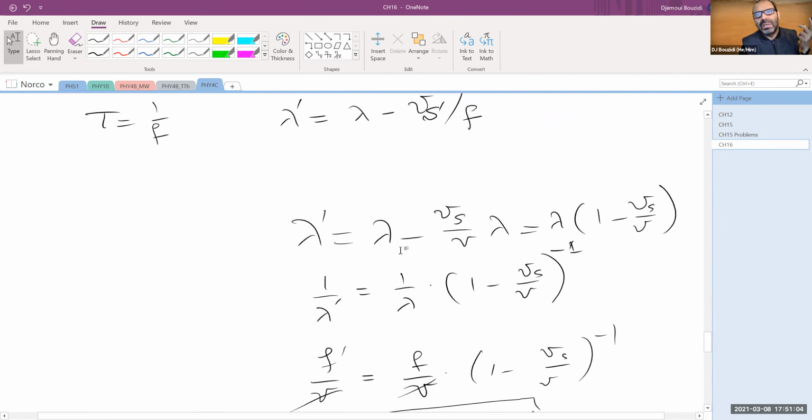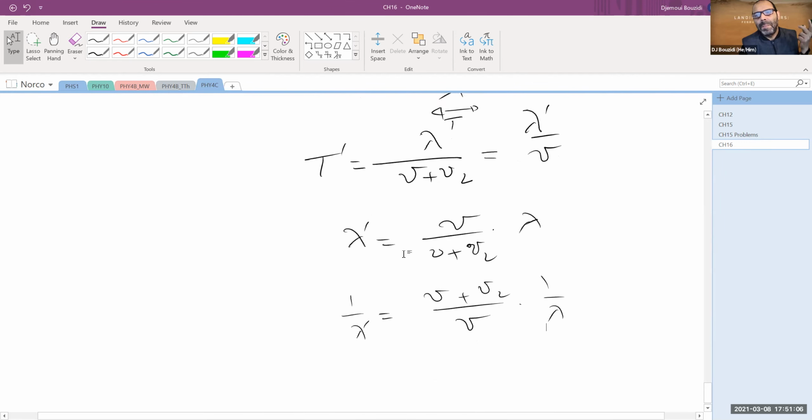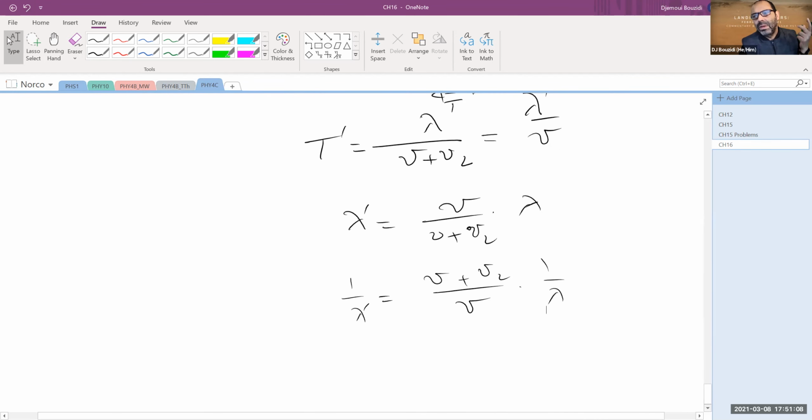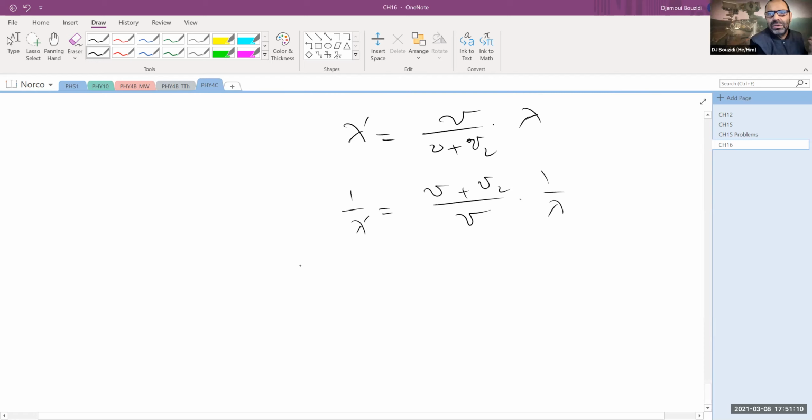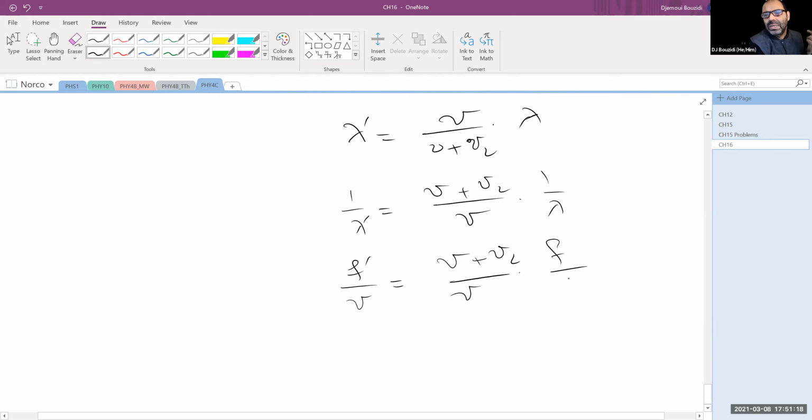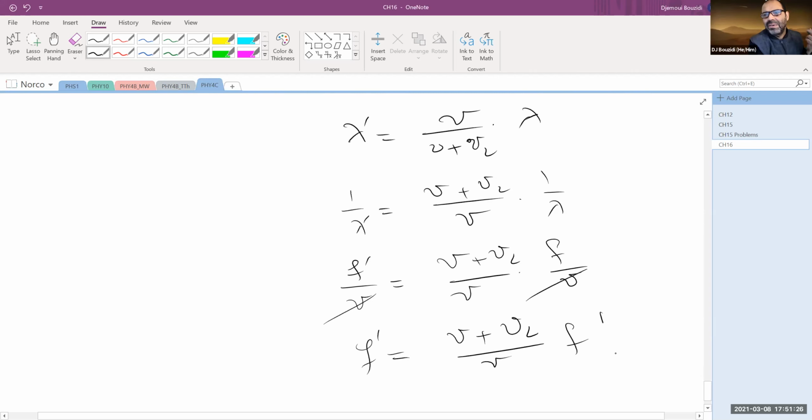So f prime over the velocity of sound is equal to v plus vL over v times, again, the real one is f over v. Cancel the v from both sides, and the f prime in this case is going to be v plus vL over v times f.